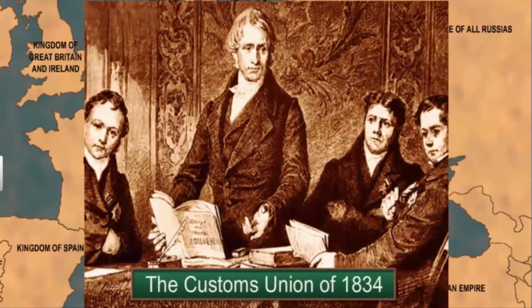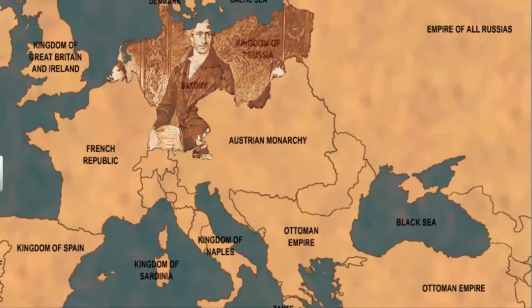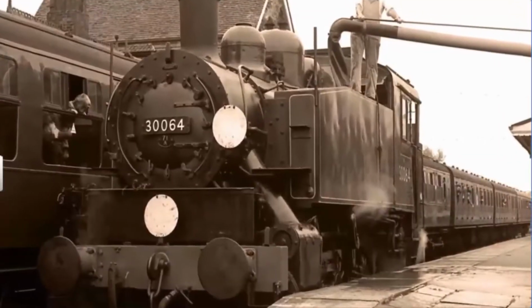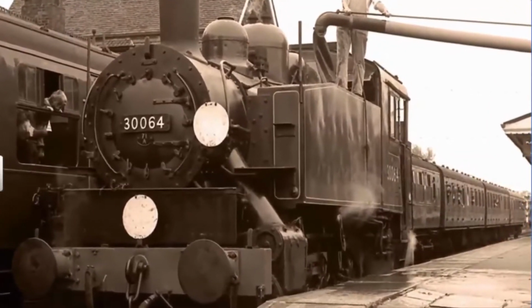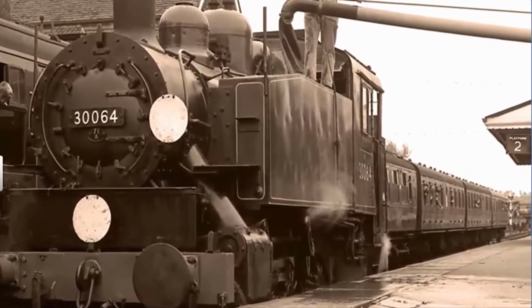This union eliminated tariff barriers and reduced the number of currencies from over 30 to 2. Apart from this, a railway network was initiated, which enhanced mobility and communication between the economies. All these changes helped in the growth of nationalist sentiments.